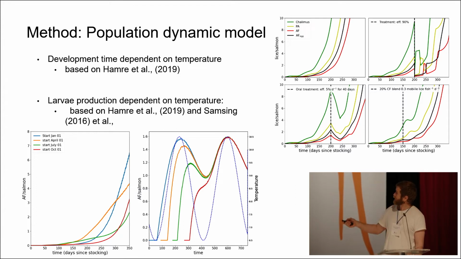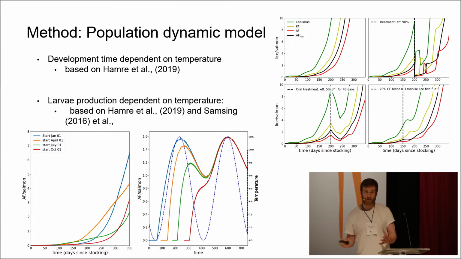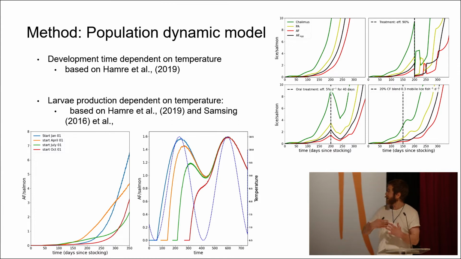But we also have in that you can give them in-feed, for example, slice, then you will have a higher mortality for some given period, and that dynamic looks different compared to this, so 2 different treatment types. We also included cleaner fish.